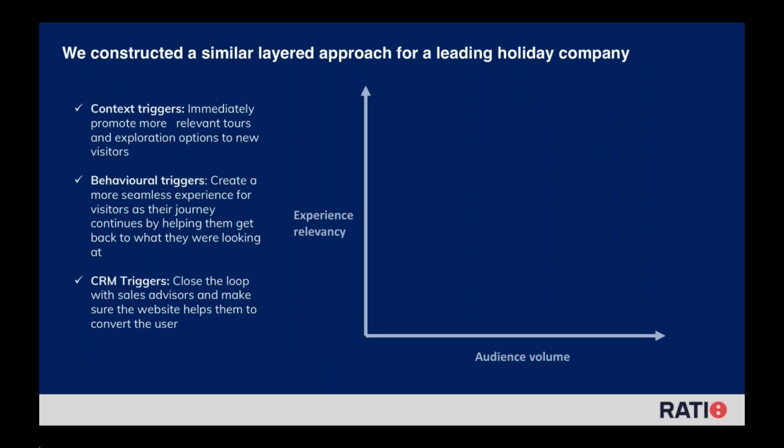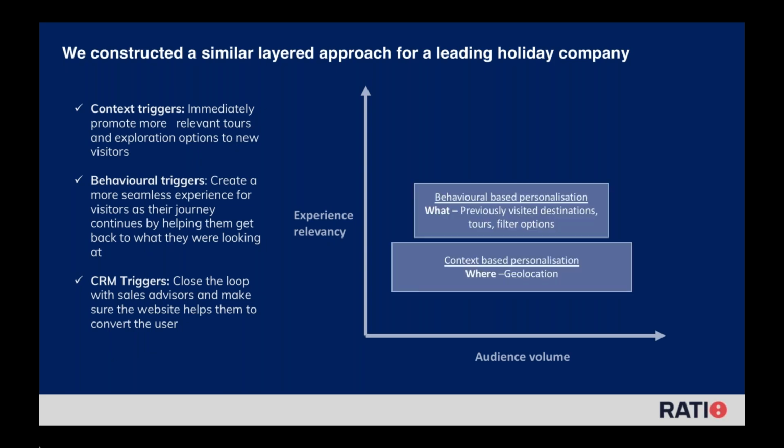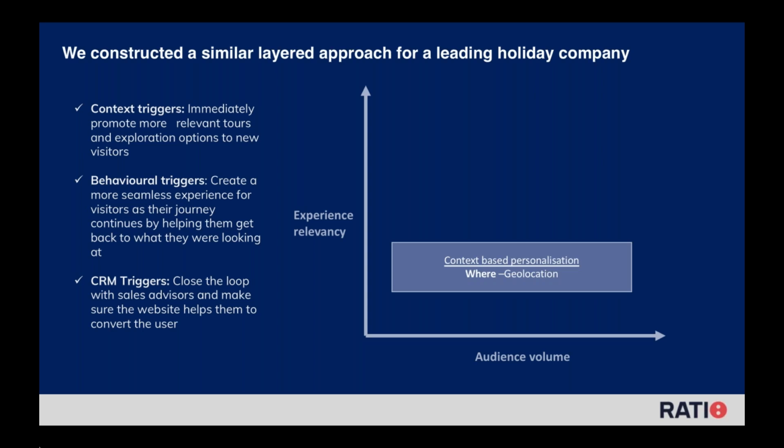We've used a similar approach to delivering personalization for a leading holiday company. So we've looked at, firstly, for example, from a context perspective, geolocation, because we found that users from specific parts of the world were interested in holidays in particular other parts of the world.